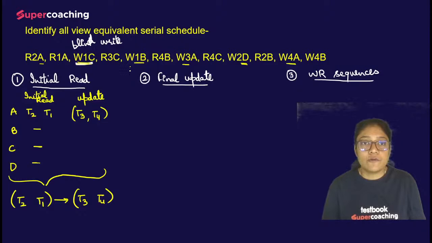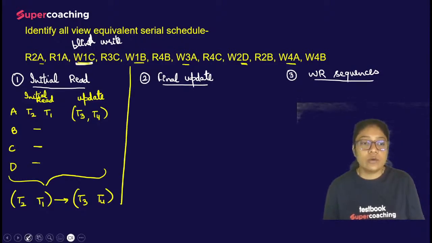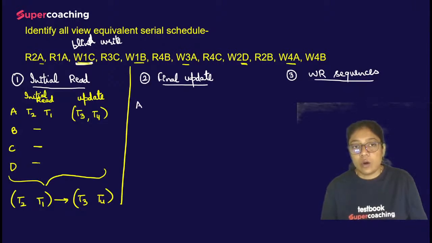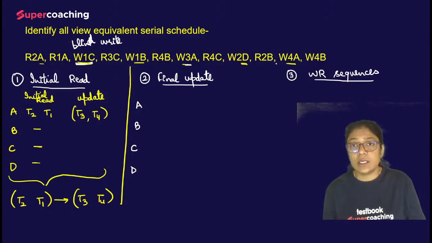Second one is the final update. Find out the final update on all the data items. We'll check for the final updates on A, B, C, and D. A is written by transactions T3 and T4. B is written by the transaction T1 and T4.